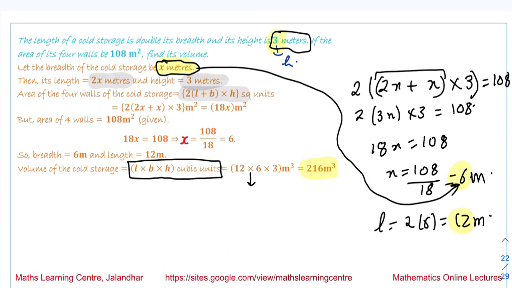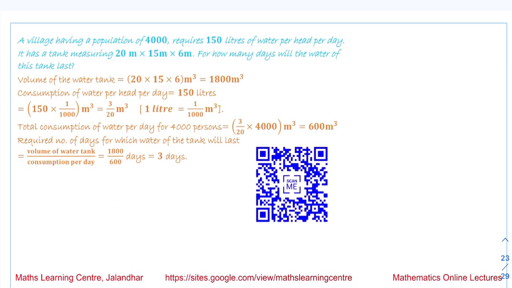Now next we have a village with a population of 4000 that requires 150 liter of water per head per day. It has a tank measuring 20 meter into 15 meter into 6 meter. For how many days will the water of the tank last? The amount of water required is 150 liter per head per day, and 4000 persons are there.